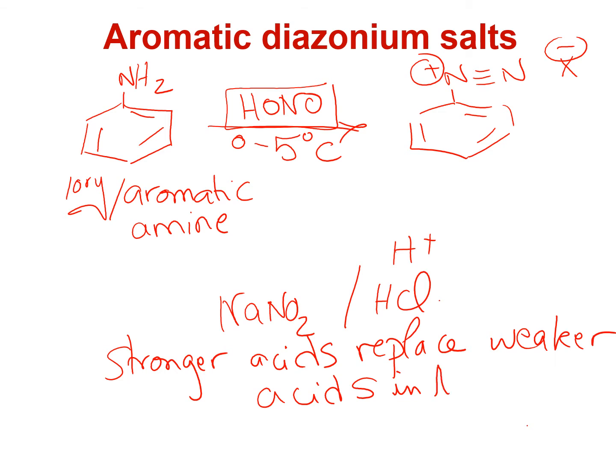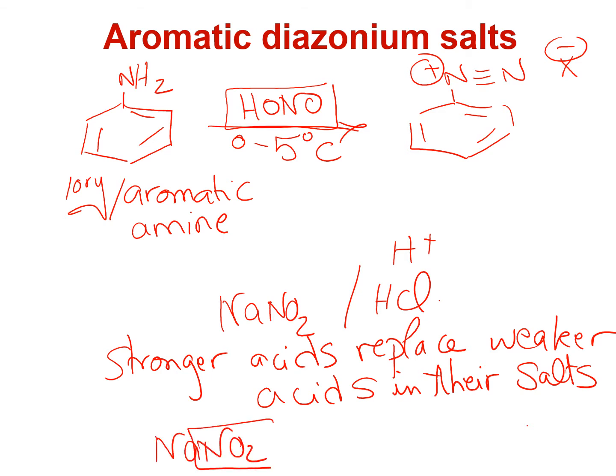This is the main idea that you have used when you were identifying the different salts in analytical or inorganic chemistry. When you actually had a salt, something like sodium nitrite, its actual acid is the nitrous acid, for example. So what do you do? You add a stronger acid.